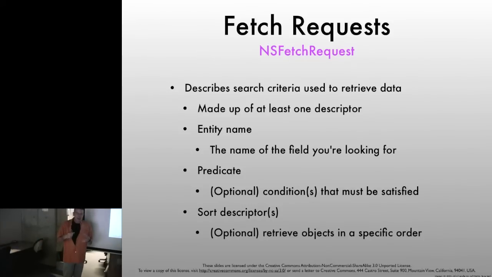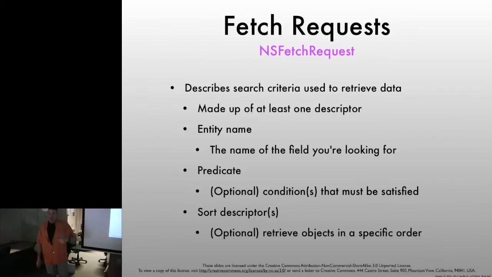That being said, that allows you to do some really powerful fetching and grabbing of objects that meet a certain criteria. You build up a fetch, and then you send it off to the context to find all of the objects that match specific criteria.